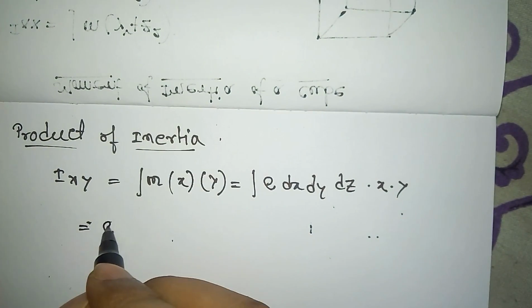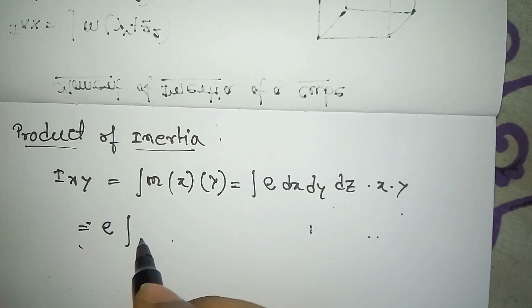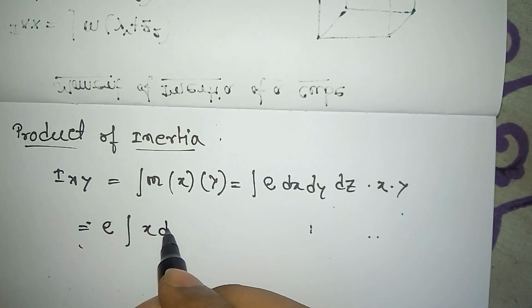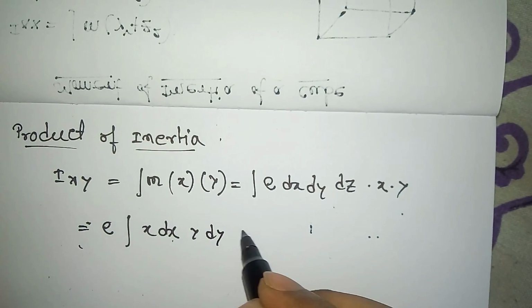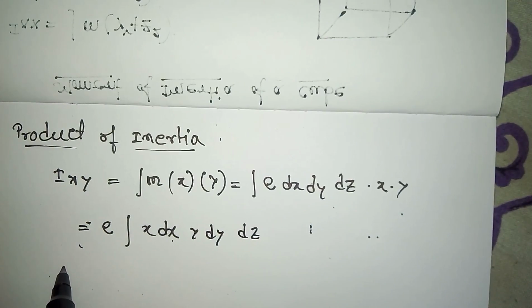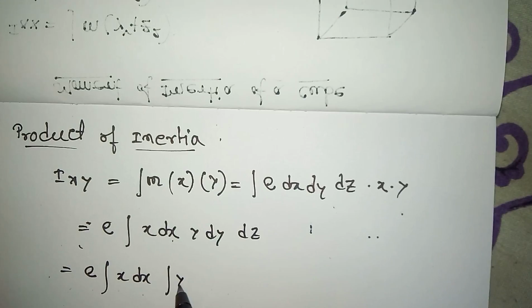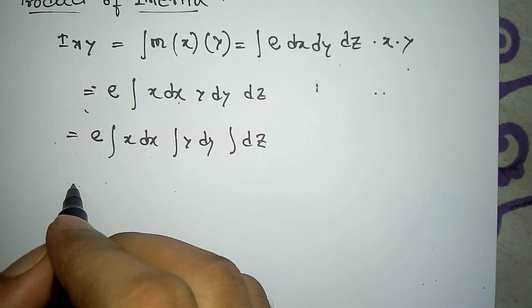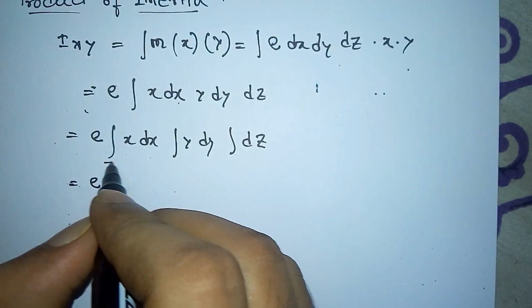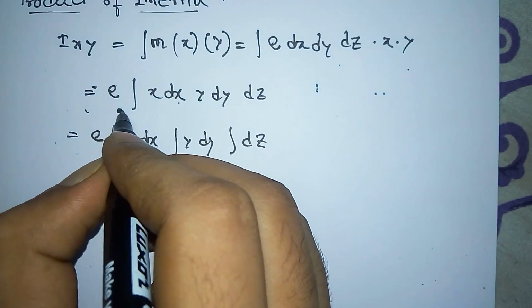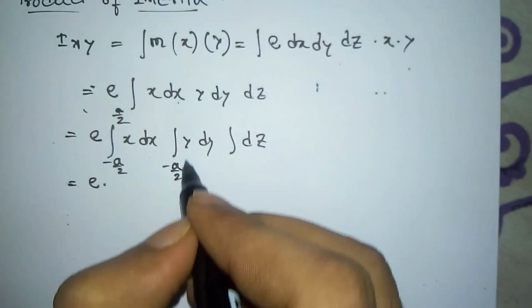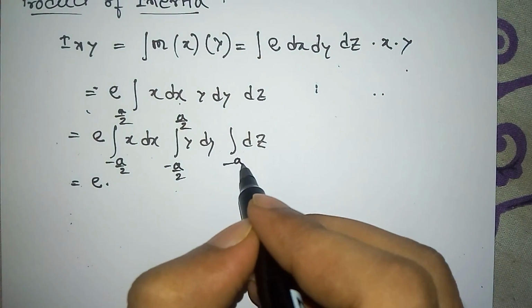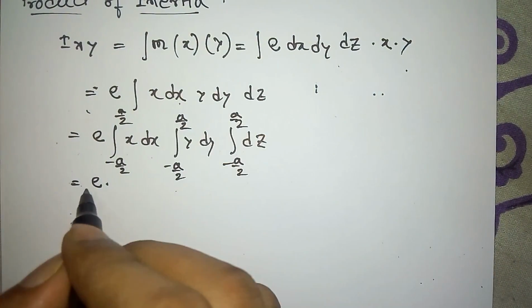Rho is constant, so it equals rho into x dx, y dy, integration dz. We put the limits minus a by 2 to plus a by 2 for each.